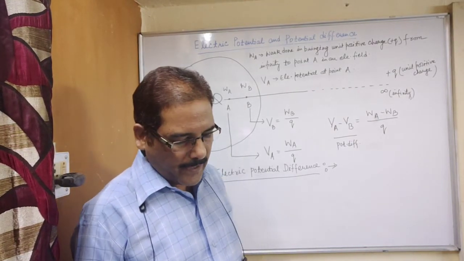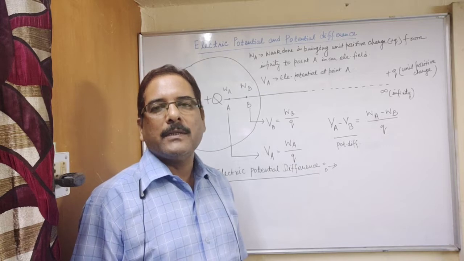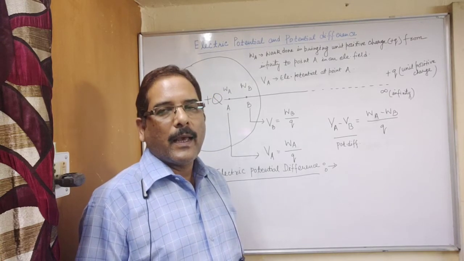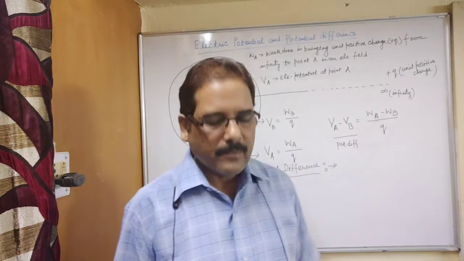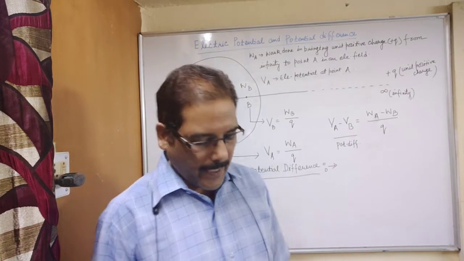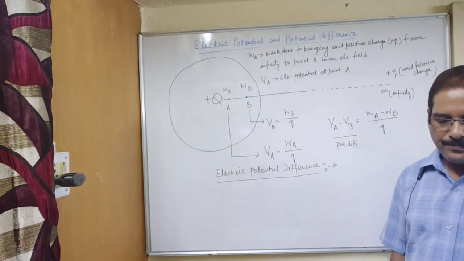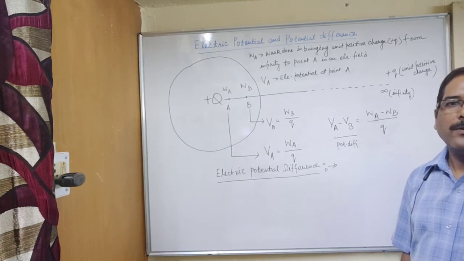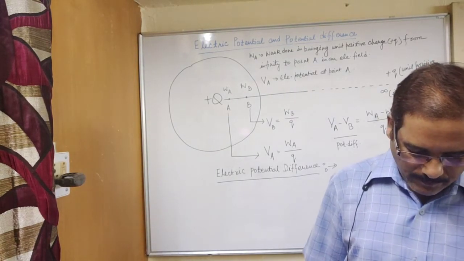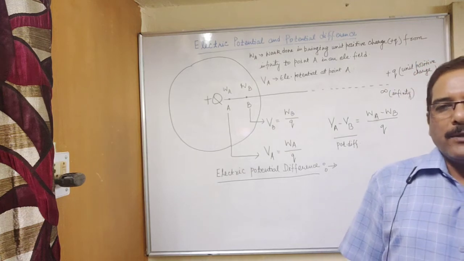The potential difference between 2 points in an electric field is defined as the amount of work done in moving a unit positive charge from one point to the other.